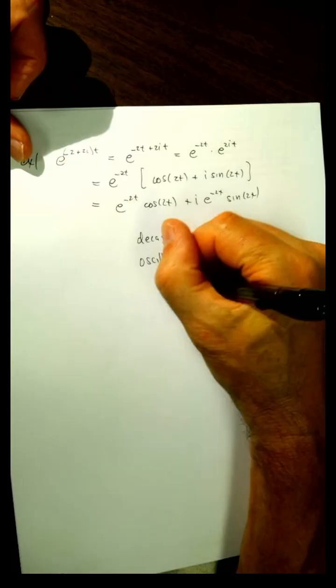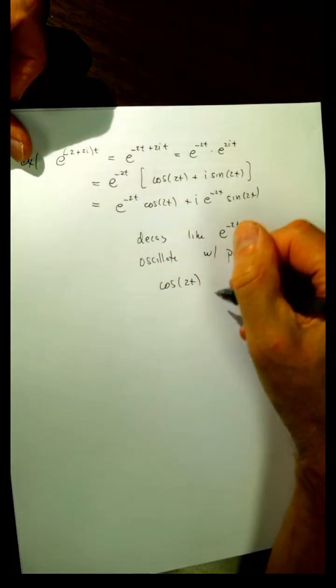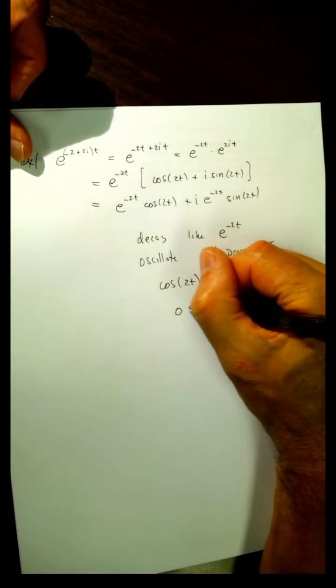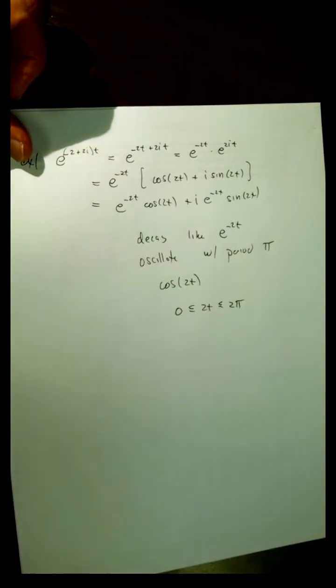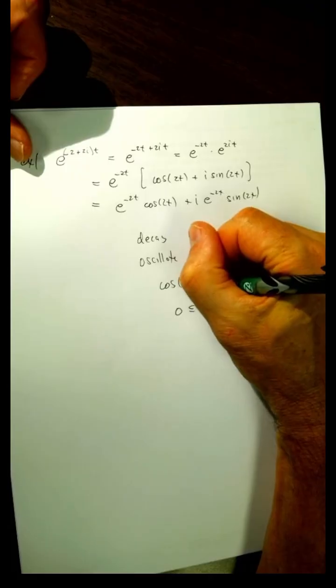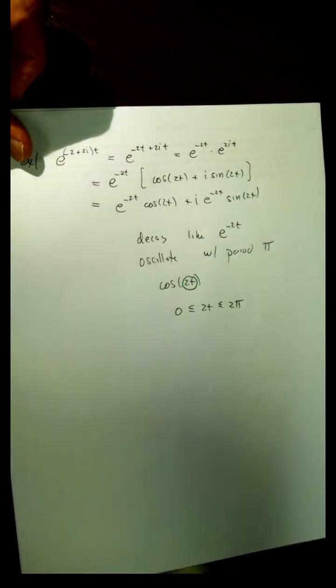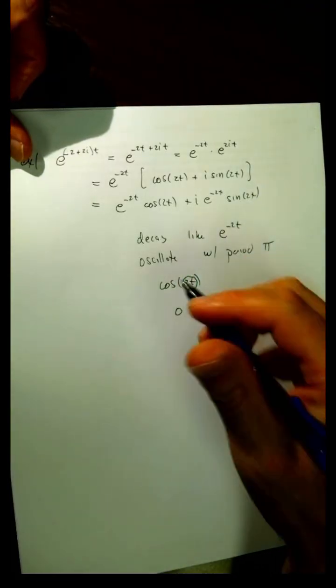So here's the thing. I've got cosine of 2t. As 2t goes from 0 to 2 pi, the thing I'm sticking into cosine is going to oscillate through one whole period.